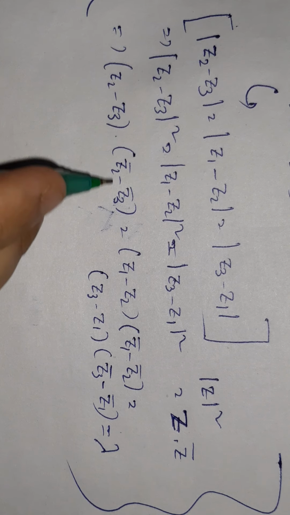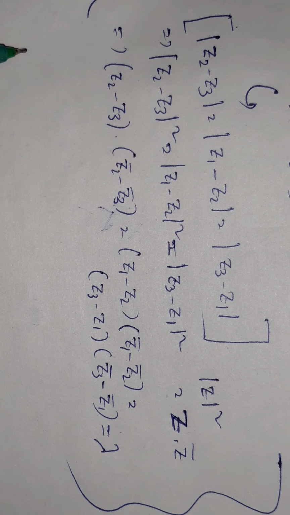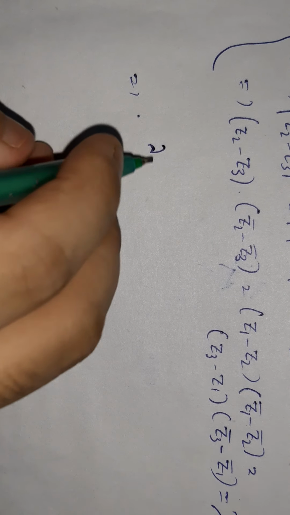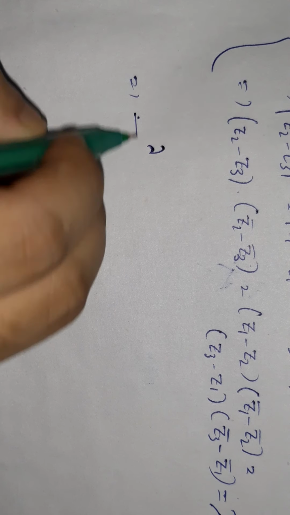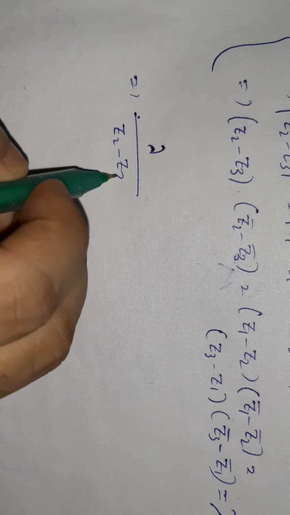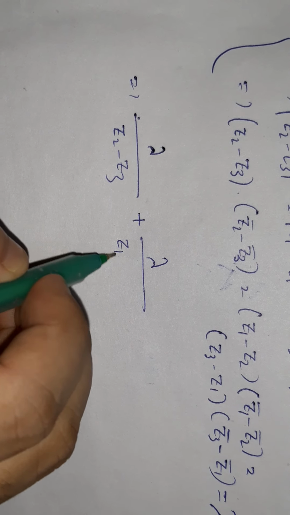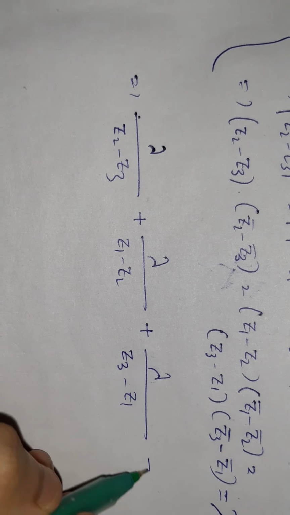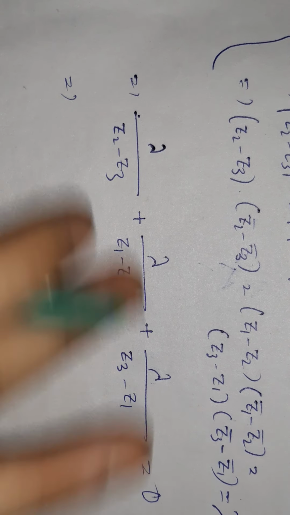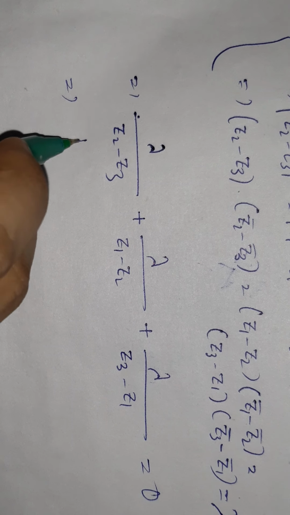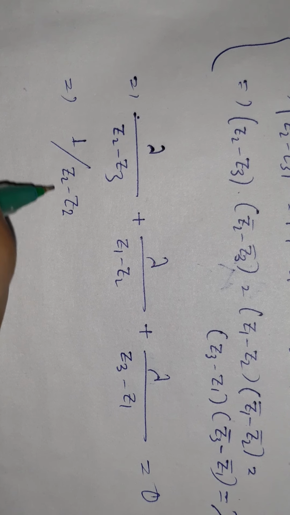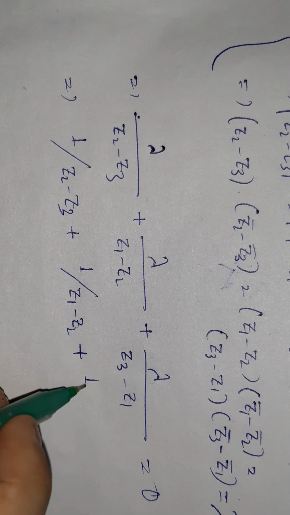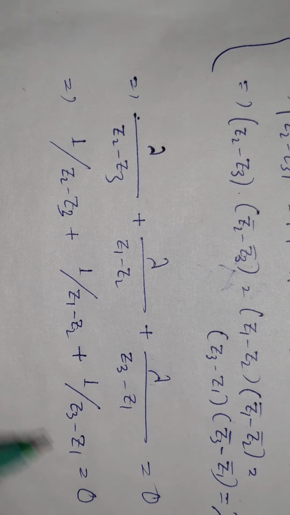So it is lambda by z2 minus z3 plus lambda by z1 minus z2 plus lambda by z3 minus z1 equals 0. Cancelling lambda, we get 1 by z2 minus z3 plus 1 by z1 minus z2 plus 1 by z3 minus z1 equals 0.